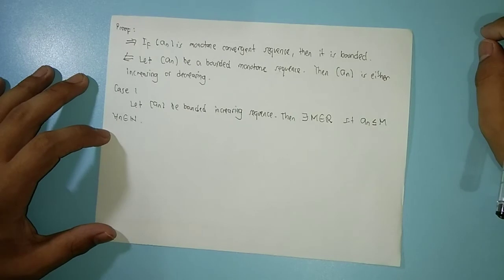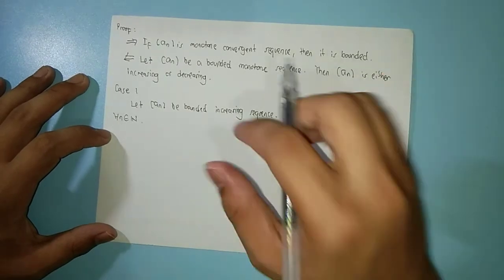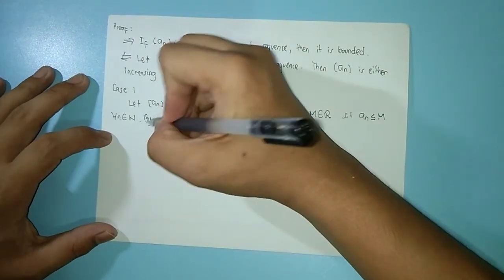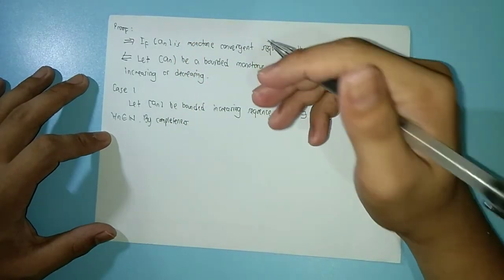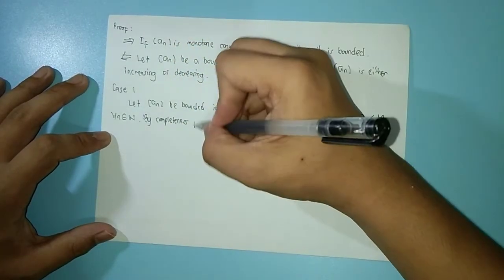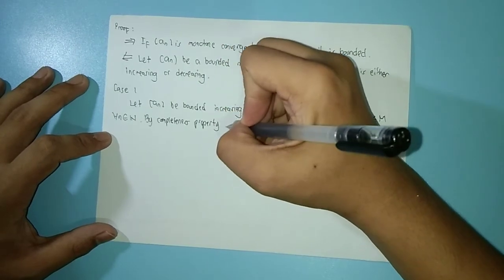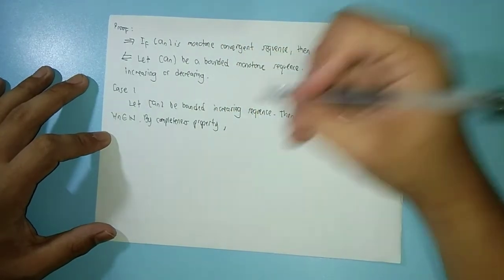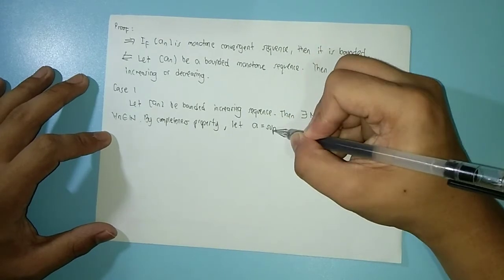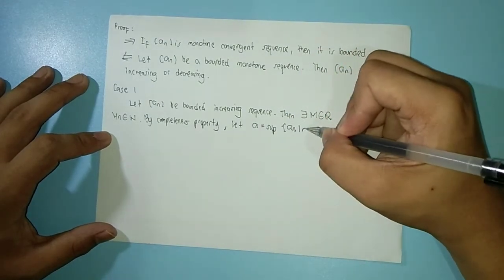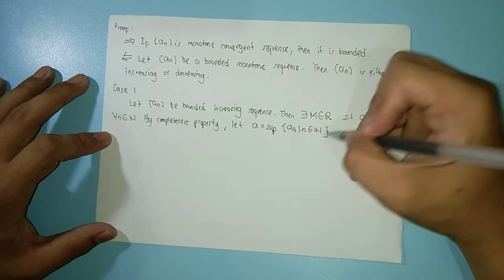Okay? Then, pwede natin gamitin yung completeness property. So, by completeness property, sigurado tayo na meron siyang supremum. So by completeness property, let A is equal to supremum ng a sub n such that n element of N.